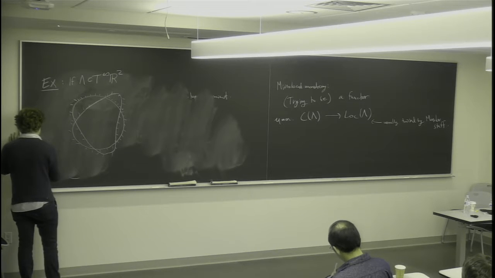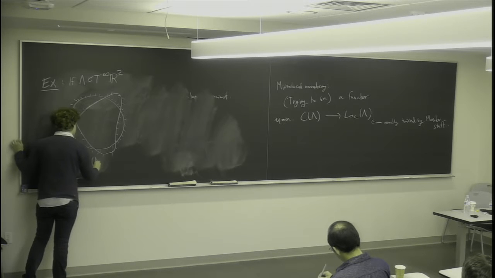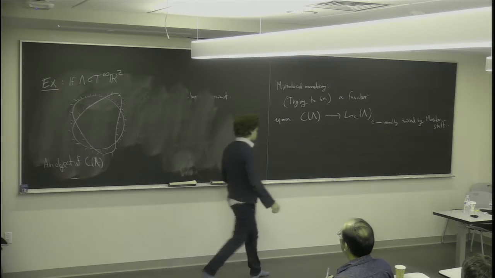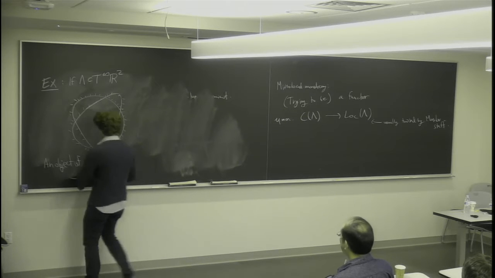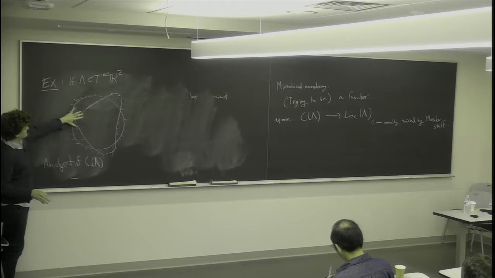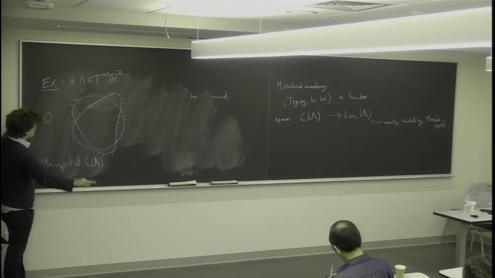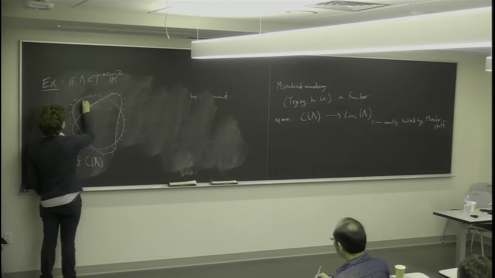So an object of this category will label every chamber of R2 by some chain complex. Let's just put 0 outside in the non-compact part to make it a little easier.